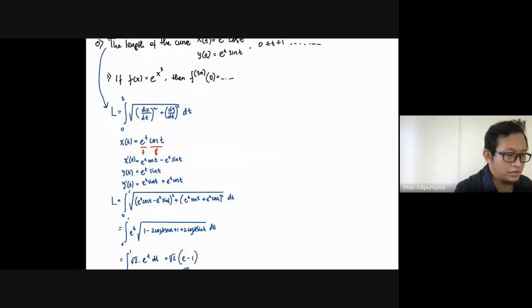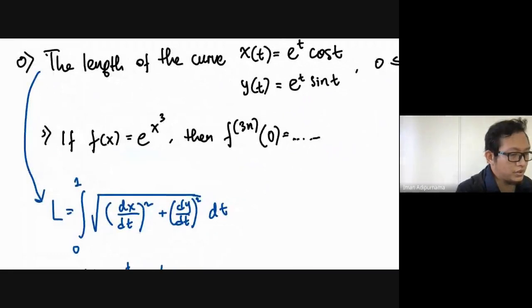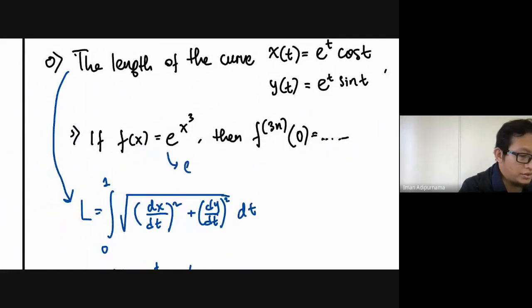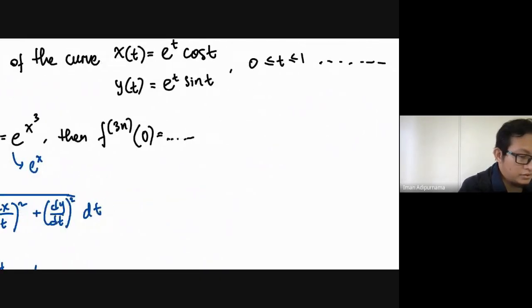Okay. The last one, if you see this, you can relate it to e to the x, right? So let me remind you of e to the x. Let me write the whole formula for the constant.